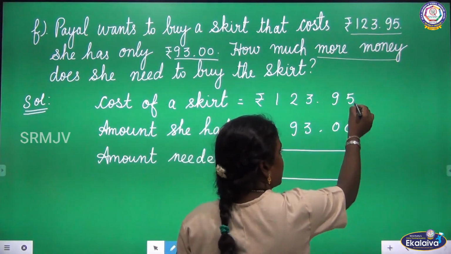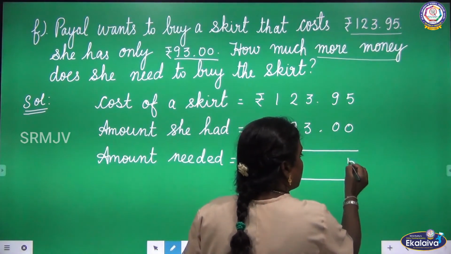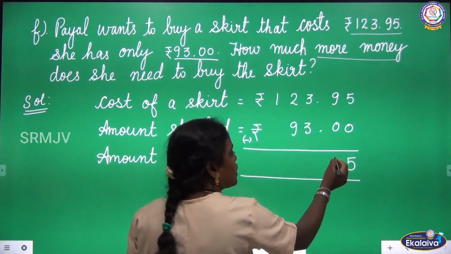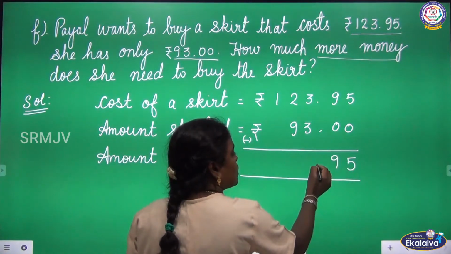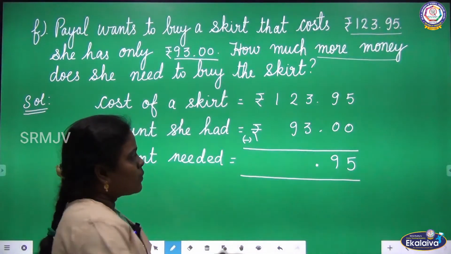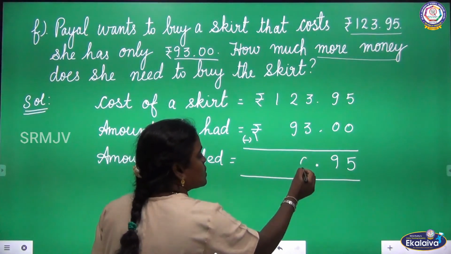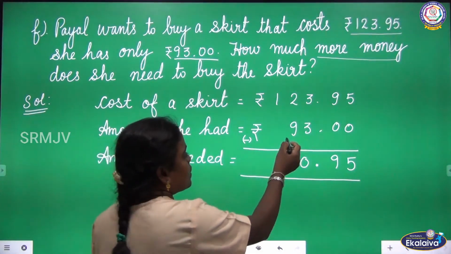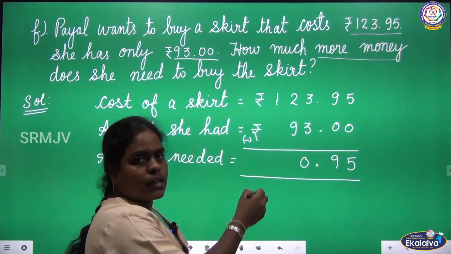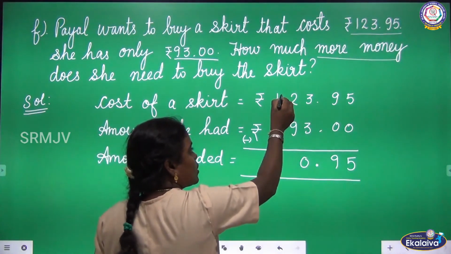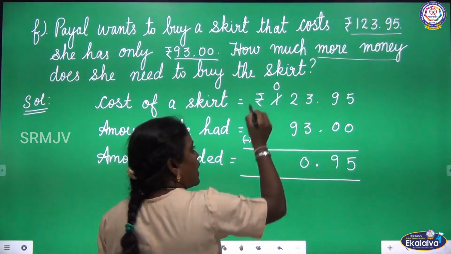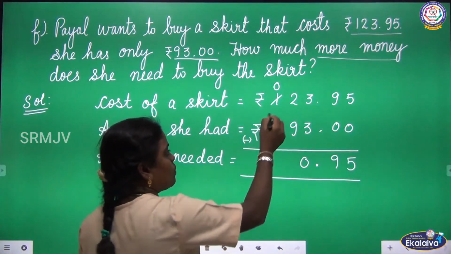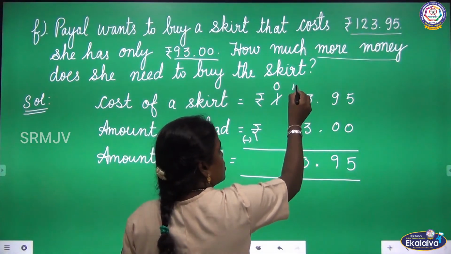So let us subtract. 5 minus 0, 5. 9 minus 0, 9. Decimal point. 3 minus 3, 0. And here we have only 2, and the second number is bigger than the first number. So we are going to borrow from 1, and 1 becomes 0 and the 2 becomes 12.